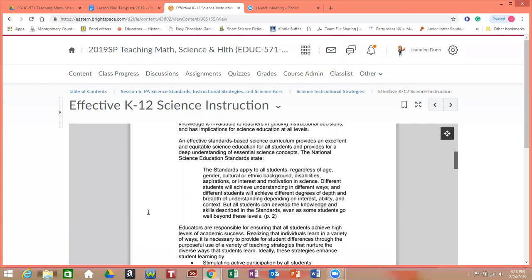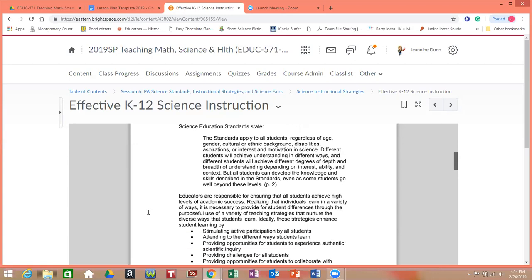An effective standards-based science curriculum provides an excellent and equitable science education for all students and provides for a deep understanding of essential science concepts. The National Science Education Standards state, the standards apply to all students, regardless of age, gender, cultural, or ethnic background, disabilities, aspirations, or interest and motivation in science.